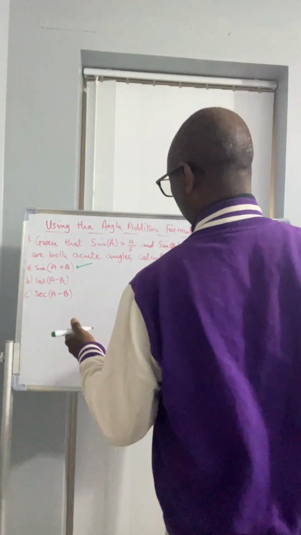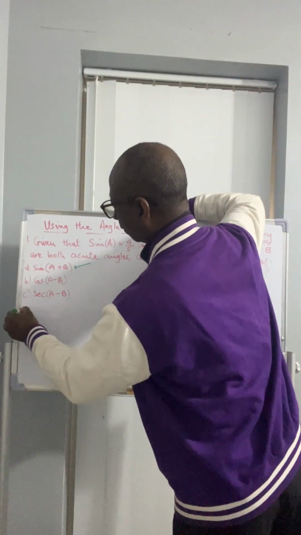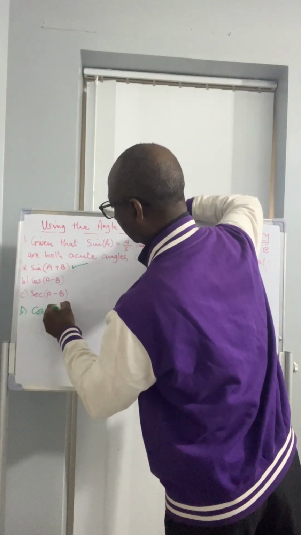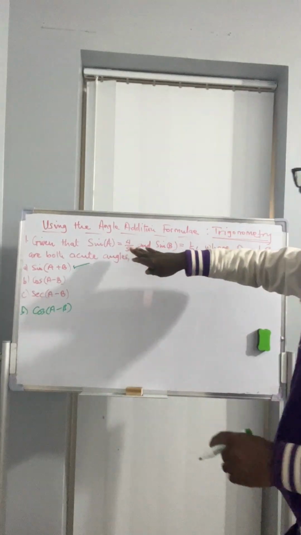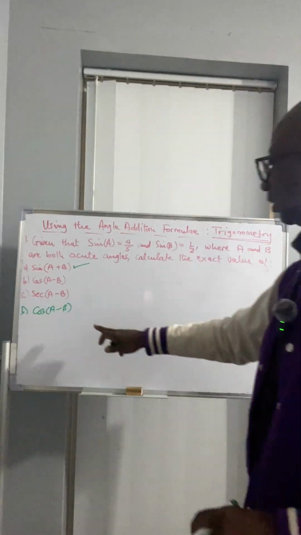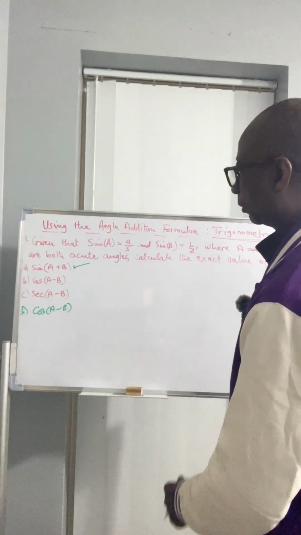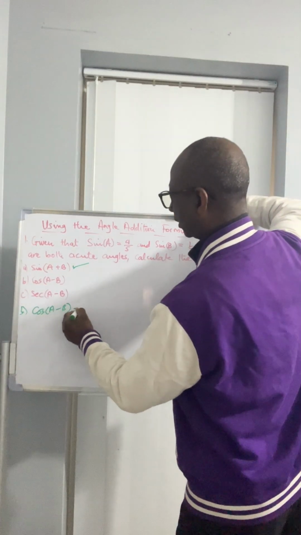Now, we are looking at B. B says the cosine of A minus B. Using this information we have, calculate the exact value of cos A minus B. But what is cos A minus B?